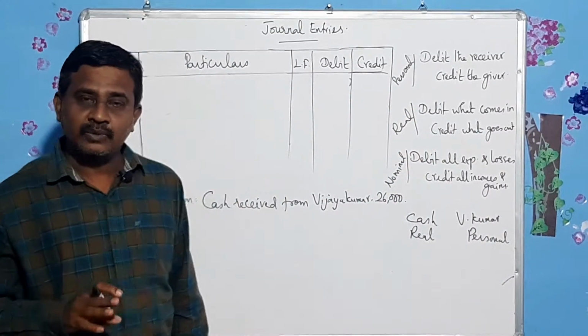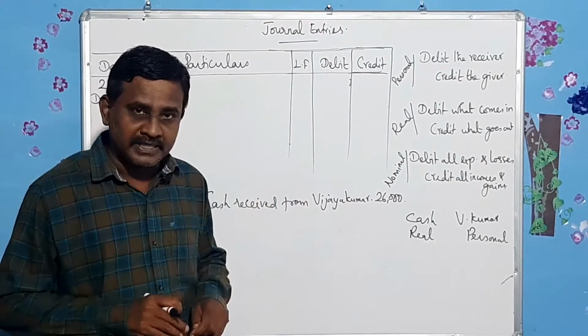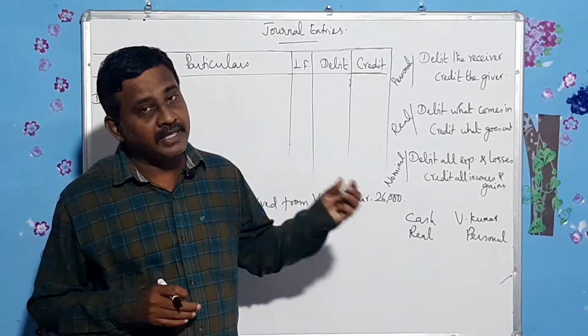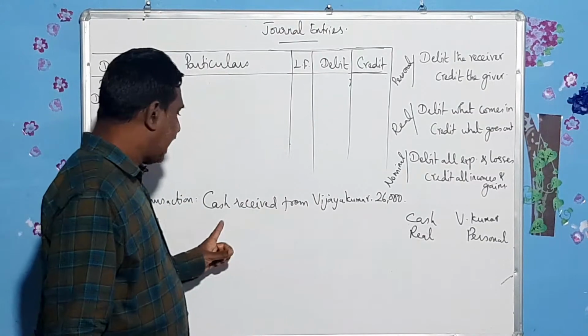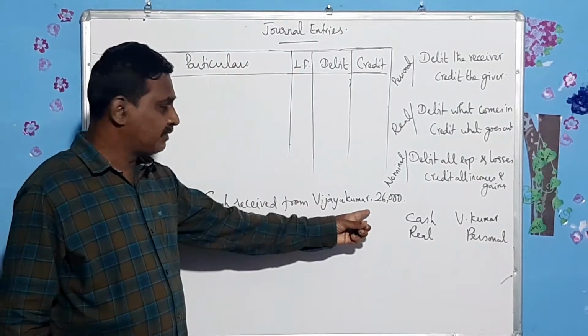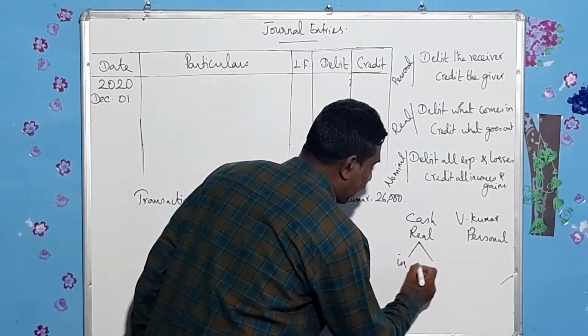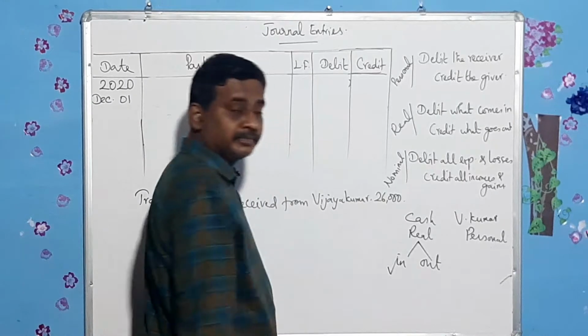If a personal account is involved, he or she may give to the business or may receive from the business. It means he may be the receiver or he may be the giver. Now, cash is received from Vijay Kumar. So you have to identify whether it comes in or goes out. Cash comes in.